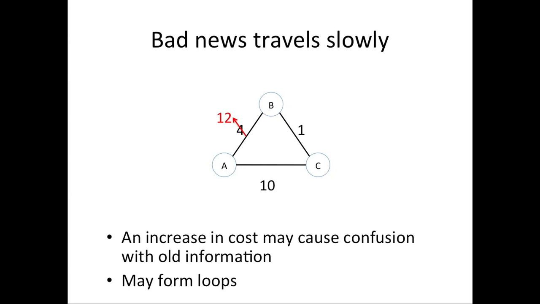So B knows about it, right? So how should B forward that packet? B has a packet that it needs to send towards A. It's going to send it back to C, because that's shorter, right? And C is going to send it to B if it doesn't know that the cost to A went up. It doesn't know right now. So C is going to send that packet back to B.